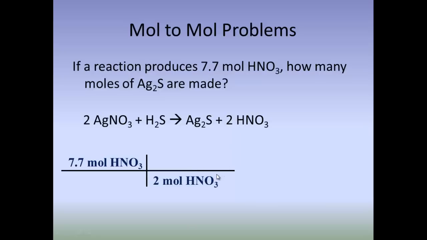It's a 2. What are we trying to find? How many moles of Ag₂S? Ag₂S is going on the top. Look to the equation for your number. Check your sig figs. We'll keep 2. And the answer comes out 3.9 moles of Ag₂S.